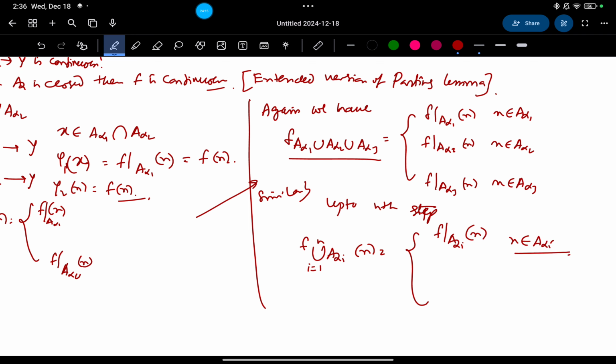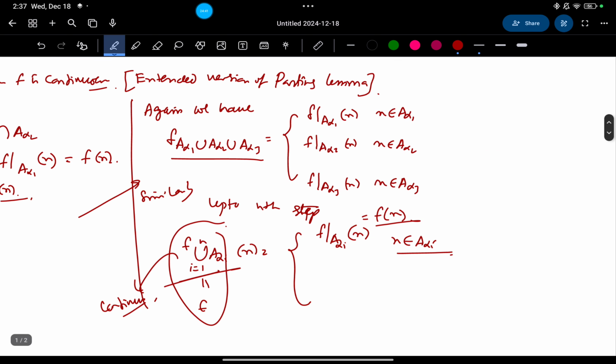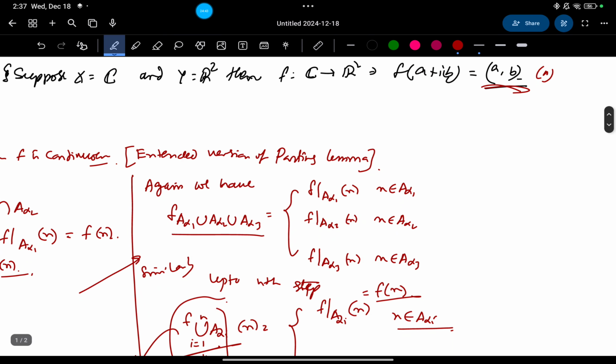Now this is exactly my f, because if you take any small x belonging to X, it must lie in some A alpha, so it must be f of x. So this is exactly the same as f, and in fact this is a continuous function. This is how one can define the extended version of the pasting lemma.